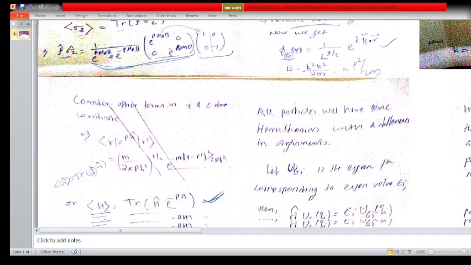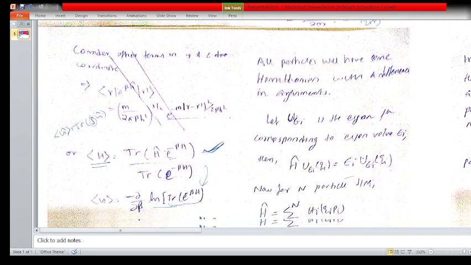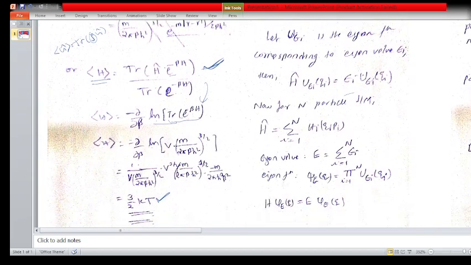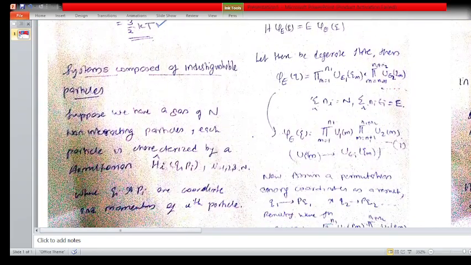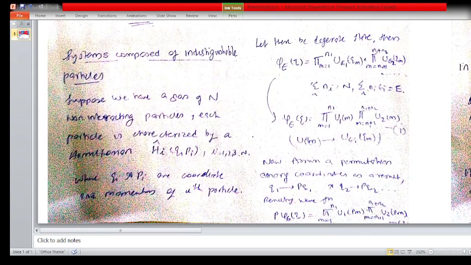Now all particles will have the same Hamiltonian. Okay, now we'll consider the system of indistinguishable particles. So far, if you consider classical particles, they are distinguishable particles.